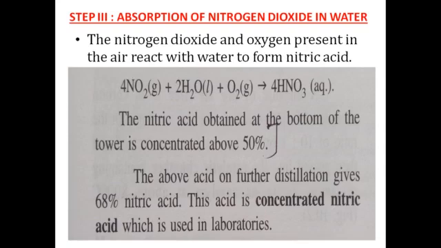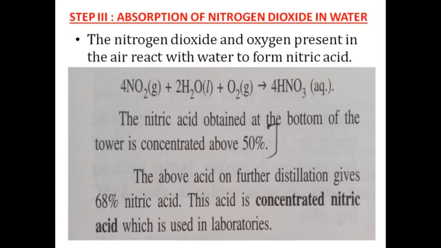in this, ammonia combines with oxygen and forms nitric oxide, and this nitric oxide further reacts with oxygen in the oxidation chamber and forms nitrogen dioxide, and then this nitrogen dioxide is absorbed with water in the absorption chamber.